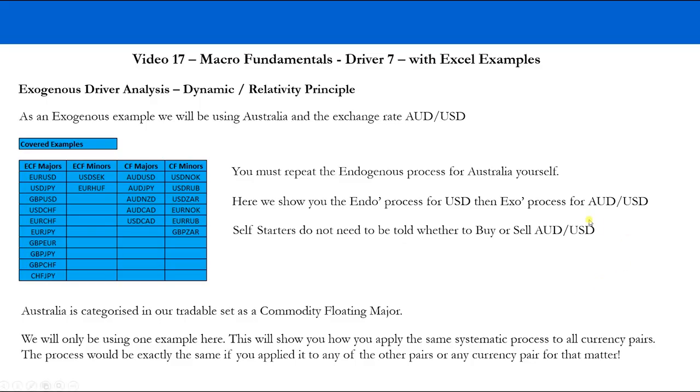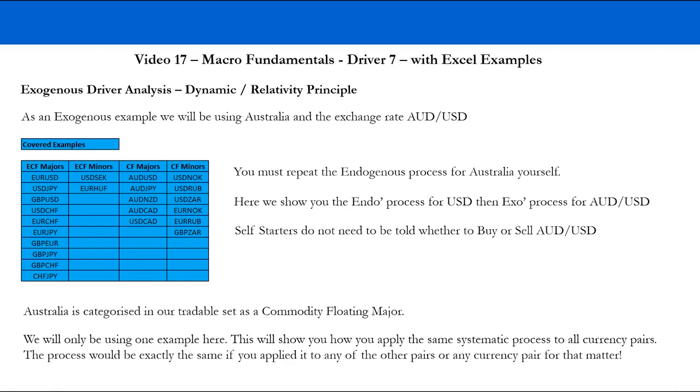So the way you have to view this is as one asset, whether you buy it or sell it. And you do that through comparing the two countries and the macroeconomics exogenously. So comparing them relative to each other. And the dynamic relativity principle is essentially comparing the macroeconomics and then deciding whether to buy or sell this as one single asset. So always bear that in mind, that this is one asset.